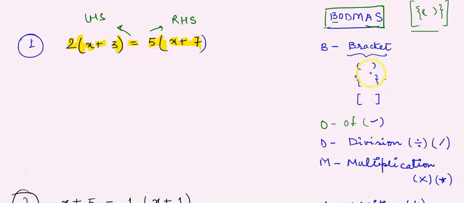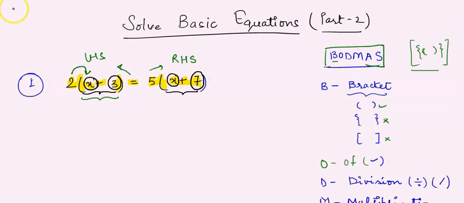In this equation we have these brackets given, so we have to solve them first. But we have a variable here and a constant term, right? Now, you may think: what are the variable and the constant I am talking about?